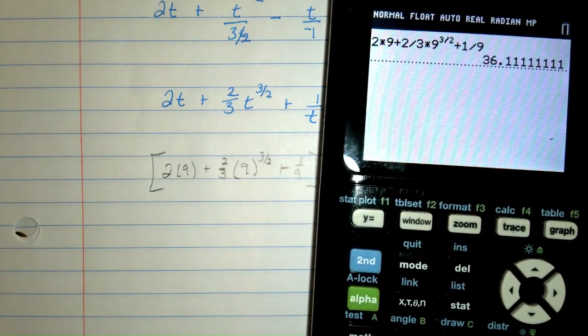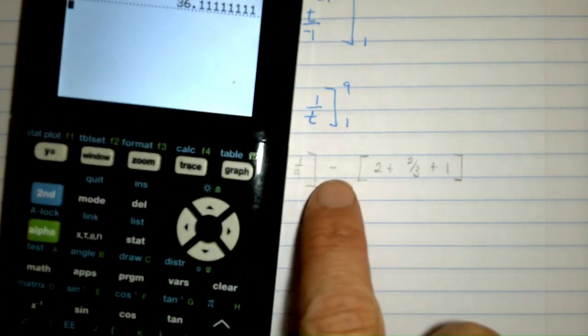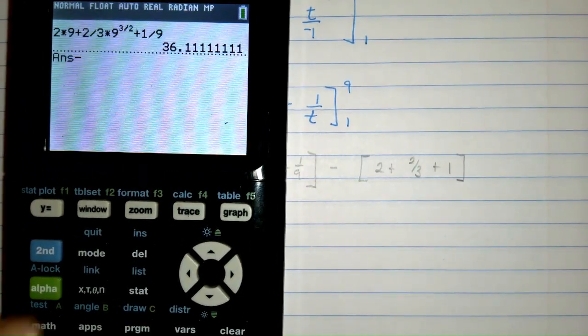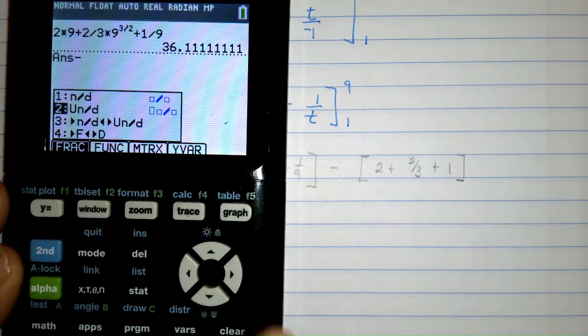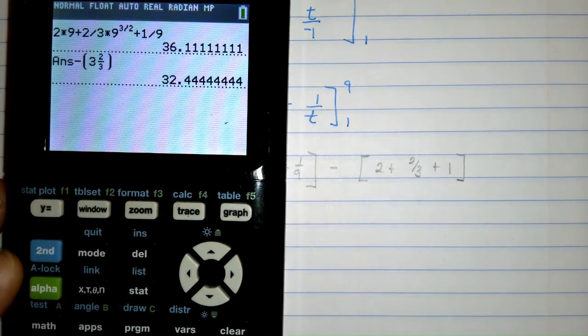Okay, so 36.1 repeating, right? This would be 3 2/3, right? So minus 3 2/3, 32.4 repeating.